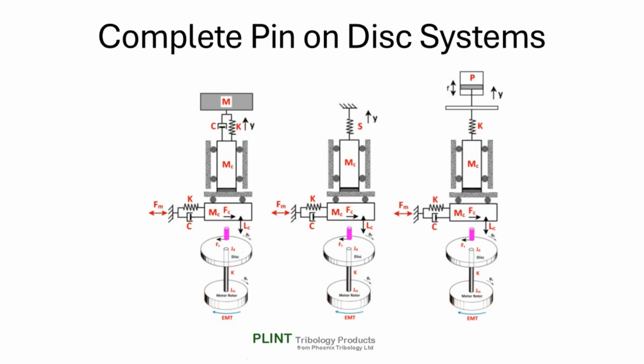Combining the three elements, the loading system, the friction measuring system and the driving system, can result in systems as illustrated in the slide, the dynamic response of which will depend on the mechanical characteristics of each element and the three sources of perturbation, noting that the latter are not independent variables.